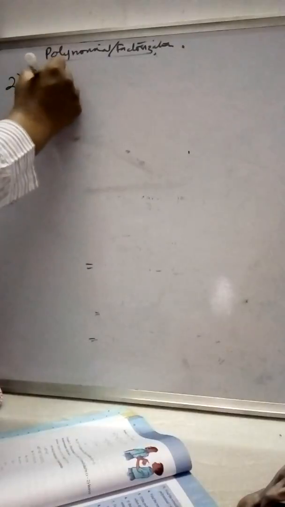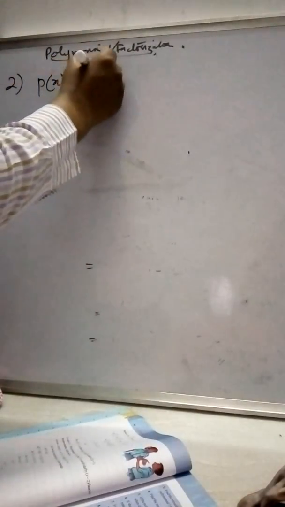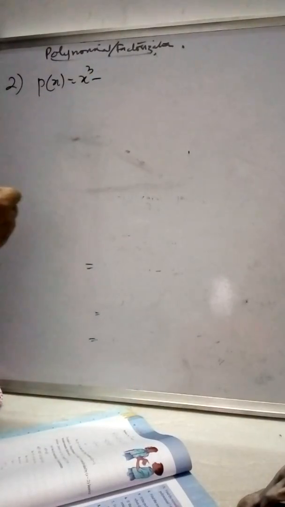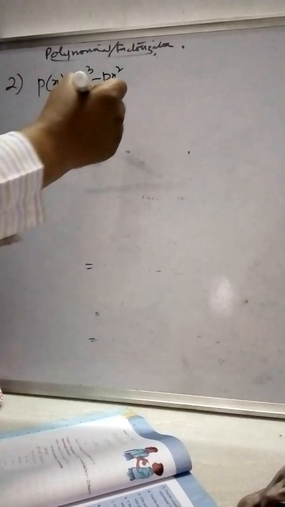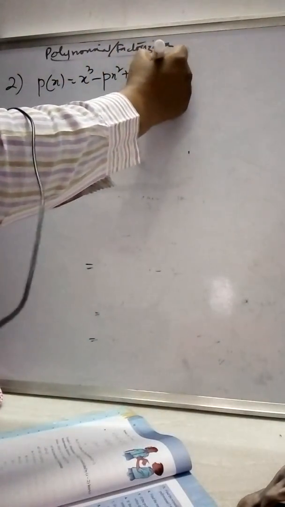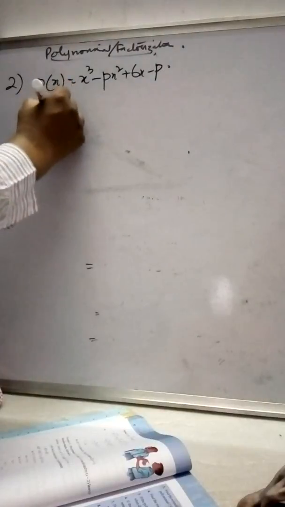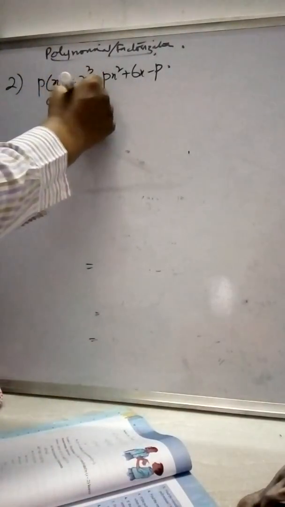The second problem: find the remainder when p of x, I am taking as the second one, p of x is equal to x cube minus px square plus 6x minus p is divided by, I am taking this as a divisor, g of x, which is equal to x minus p.